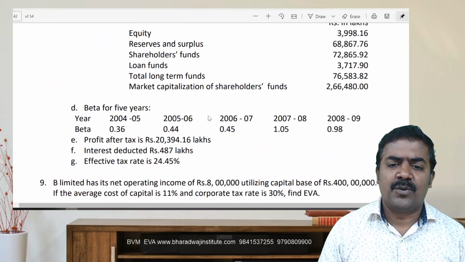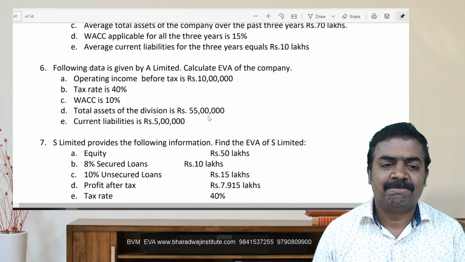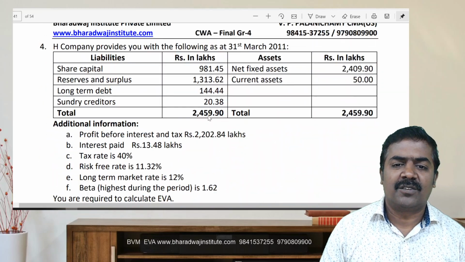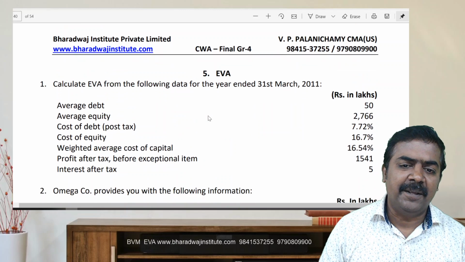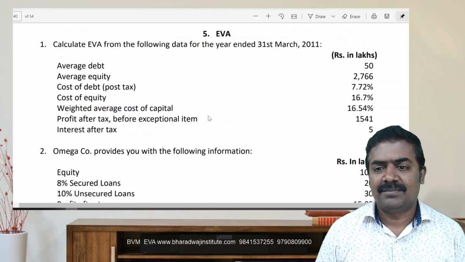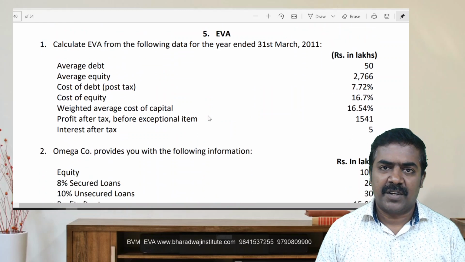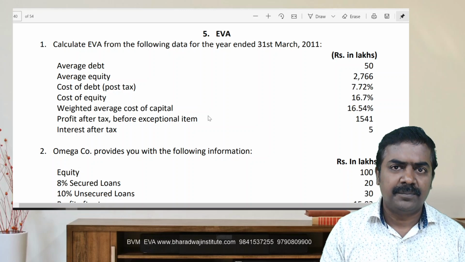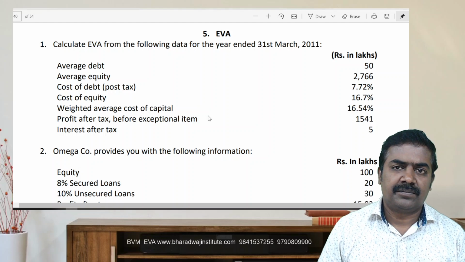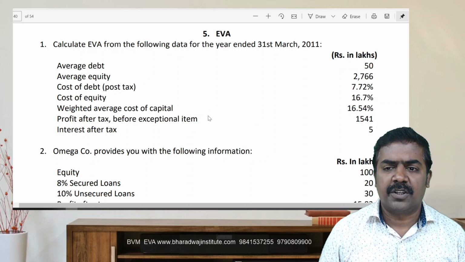All these are for your homework. For all the problems, what you have to work out is NOPAT, capital employed, weighted average cost of capital. Three components you have to work out. Either of the methods you can follow.